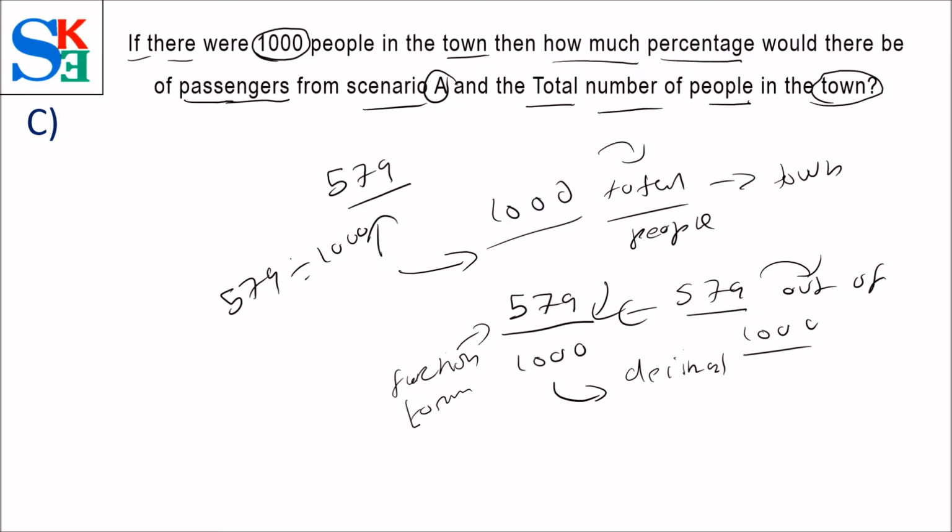Okay, so how do I do that? I know this might be for class 2, but still I'm going to try to explain it very simply. So I'm going to put place value on this. So 5, 7 and 9. What's the place value? 9 is in ones, 7 is in tens, 5 is in hundreds. Now what is after ones?